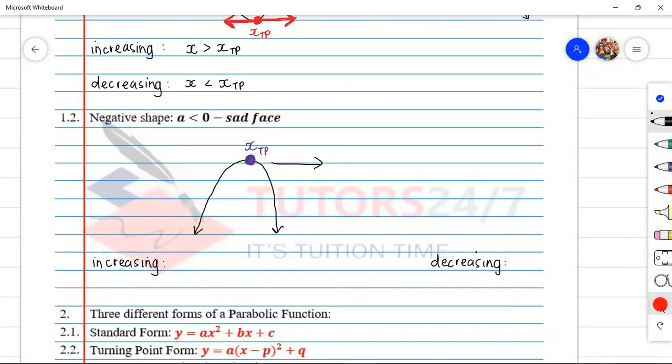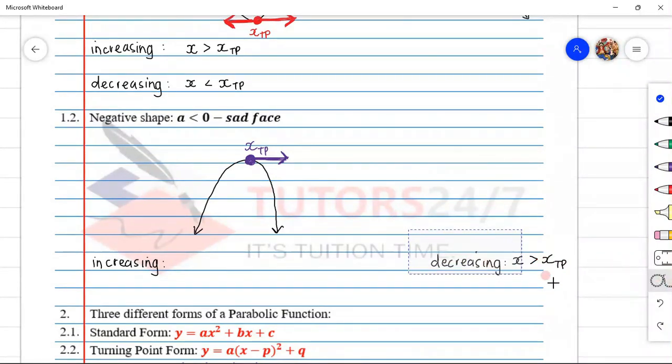So that is a decreasing function. So if we put our arrow, we're going to the right. So we just copy the arrowhead direction. So x greater than the x value of our turning point.